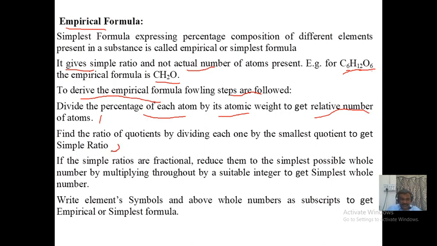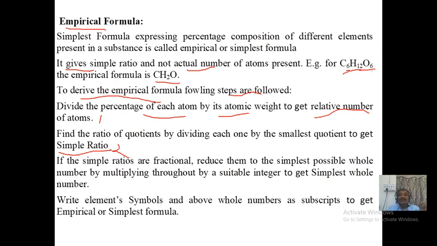Second step, find the ratio of quotients by dividing each one by the smallest quotient to get the simple ratio. That means in the second step your target is to get the simple ratio of the atoms or elements given in the numerical. In the first step you got relative numbers.